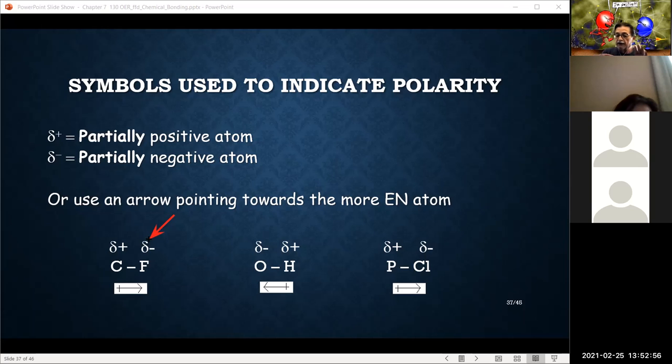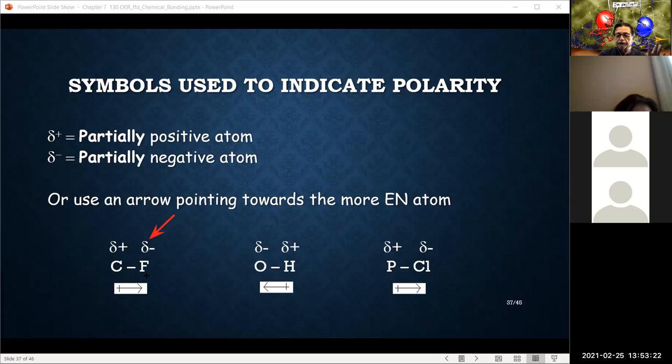The difference is that in this case, it is a permanent dipole. What we do with the balloon is a temporary dipole. It's permanent because of the nature of the bond and the two elements. So here we have fluorine, which, as we know, is the most electronegative element on the periodic table.